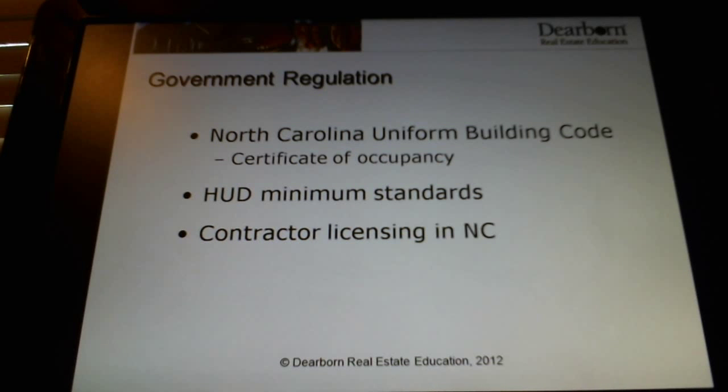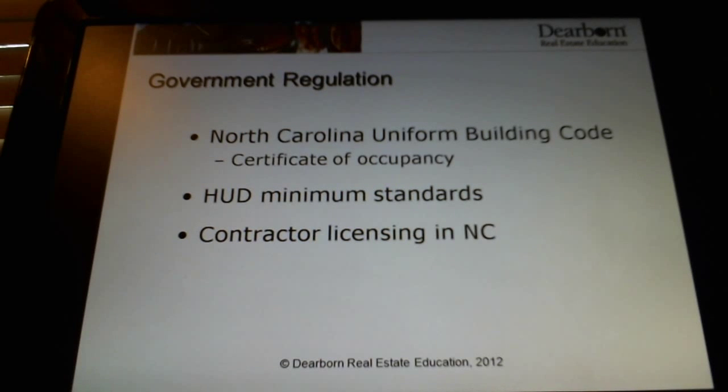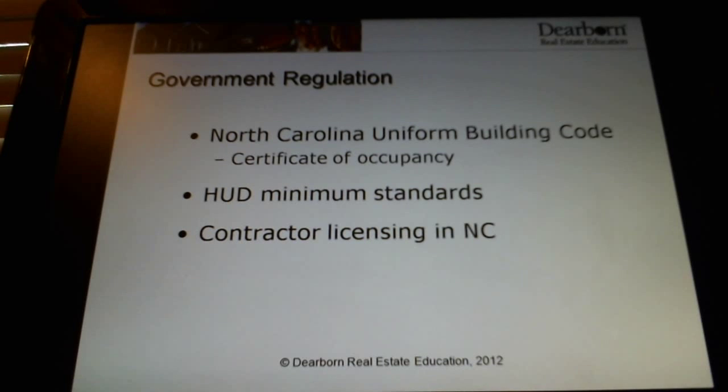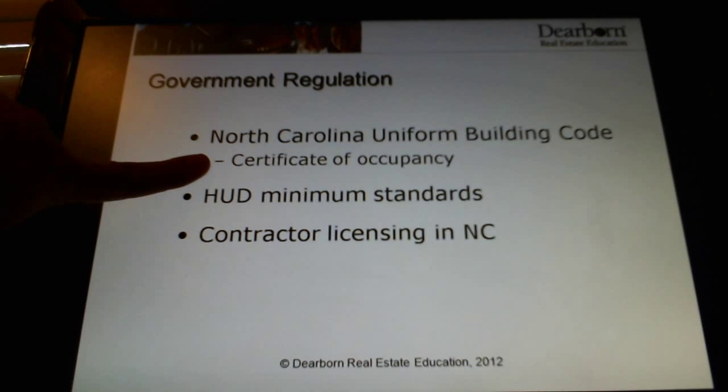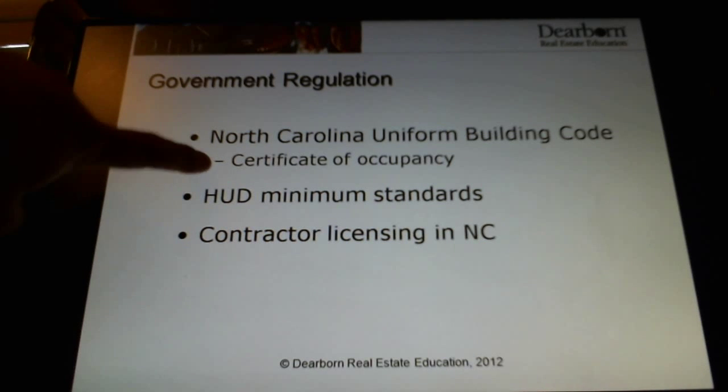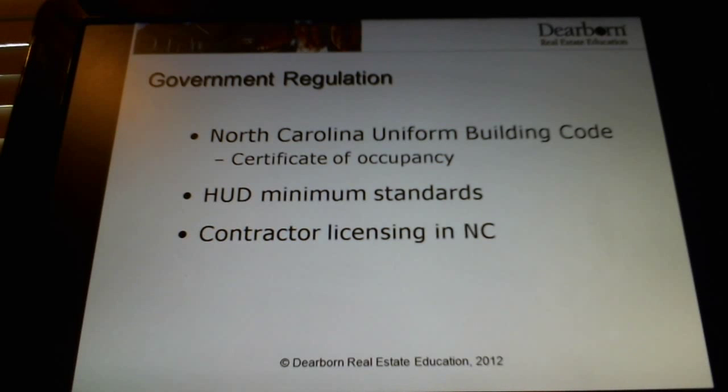Again, you need a permit before you can begin the work. Once you finish the work and you've had the work inspected by the proper authorities, they're going to issue you this certificate of occupancy. Certificate of occupancy. And that is just proof that you have complied with the building codes in North Carolina.